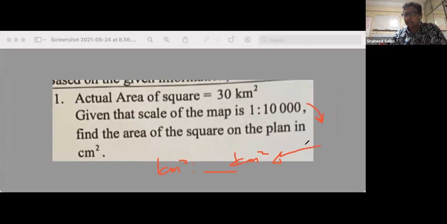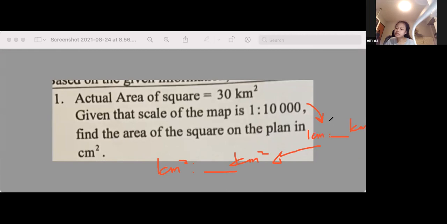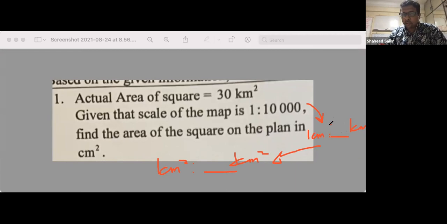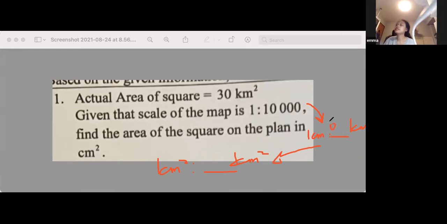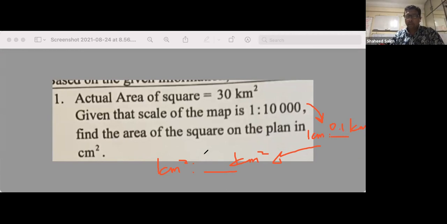You know what I mean, right? Okay. You work out 1 cm is how many km first? 1.0. Again, here repeat. This one is 0.1. Okay, good. Then this one will be not area.